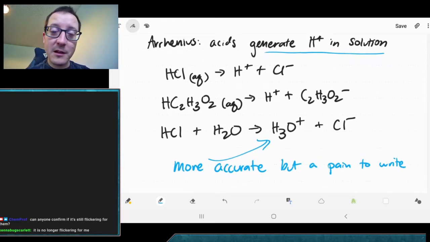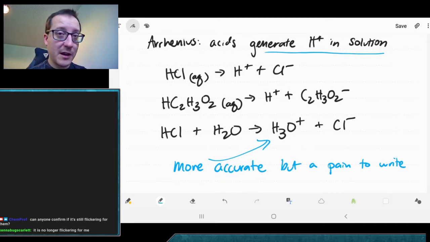it may be more accurate first to write that the actual acid is combining with water to form hydronium and your anion. That's a little bit more accurate because we don't just have H plus floating around. H plus is just a proton, and we don't have subatomic particles zipping around in solution. So it is more accurate to write hydronium.